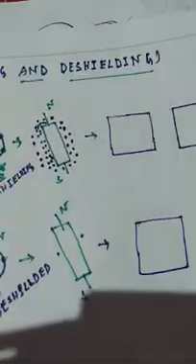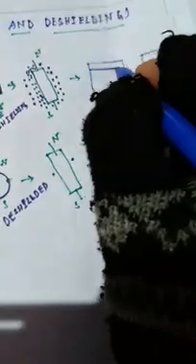Now suppose these are the NMR chambers for molecule A, and these two are also the NMR chambers of molecule B. Suppose the NMR chambers have a magnet.